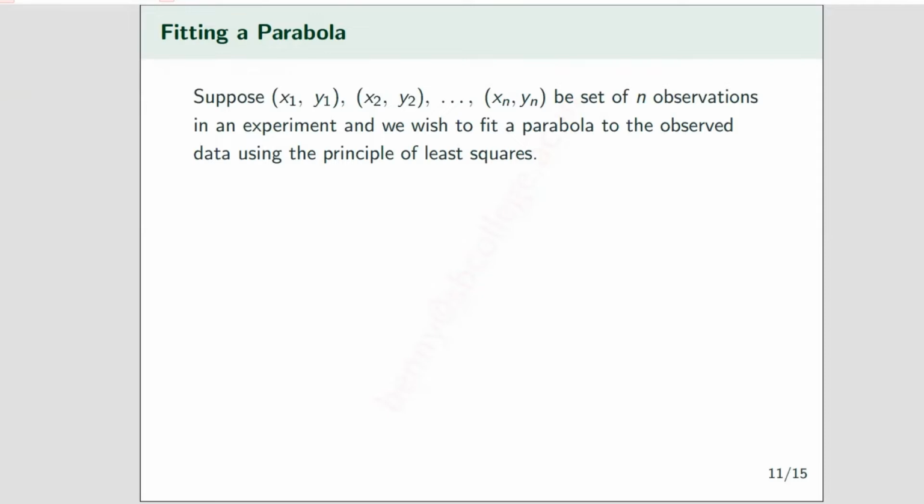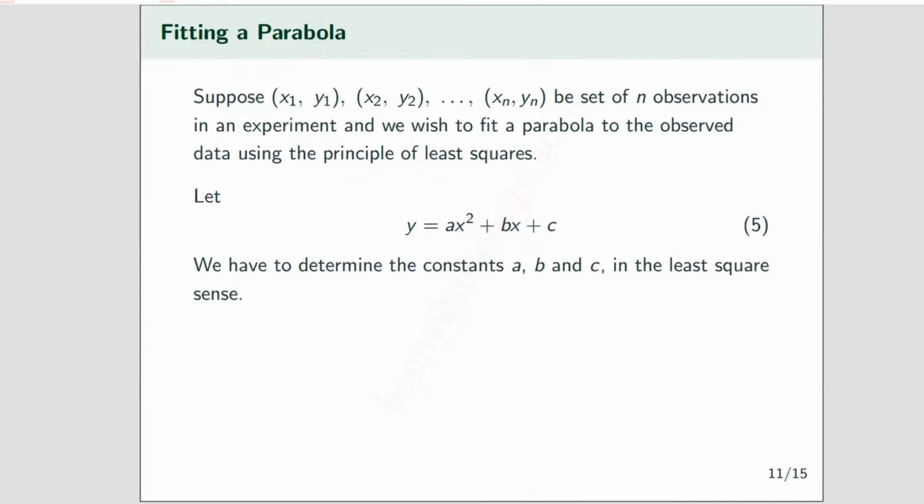We need to fit a parabola to this set of observations using the principle of least squares that we have already discussed. The equation of a parabola is y equal to ax square plus bx plus c, where a, b, and c are the constants to be found out using the principle of least squares.